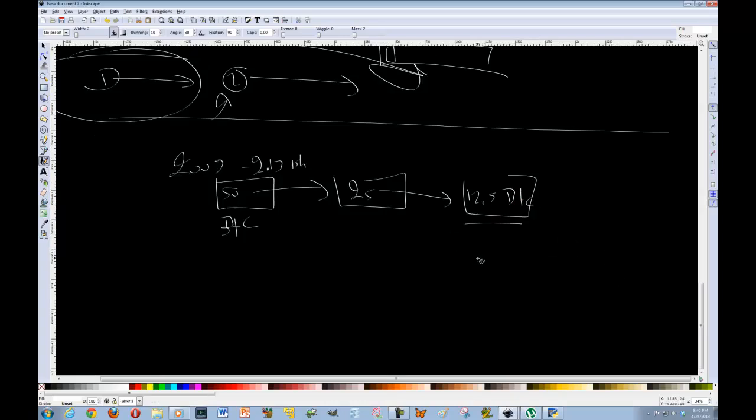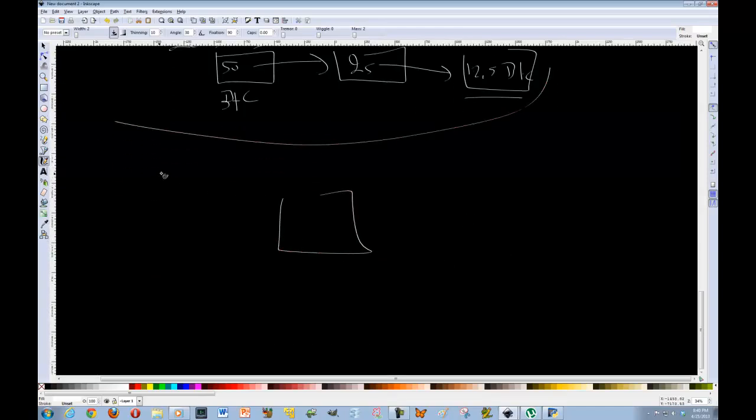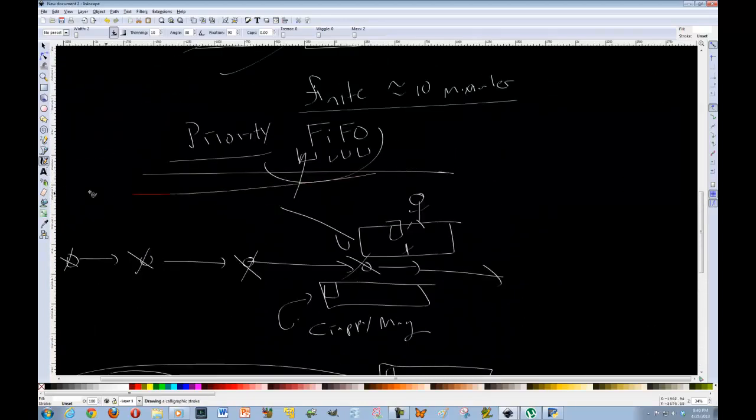The hope of the architects who designed Bitcoin was that because there's going to be lots of transactions, we would institute a priority FIFO queue. And a queue is spelled Q-U-E, in case you're ever curious about that.